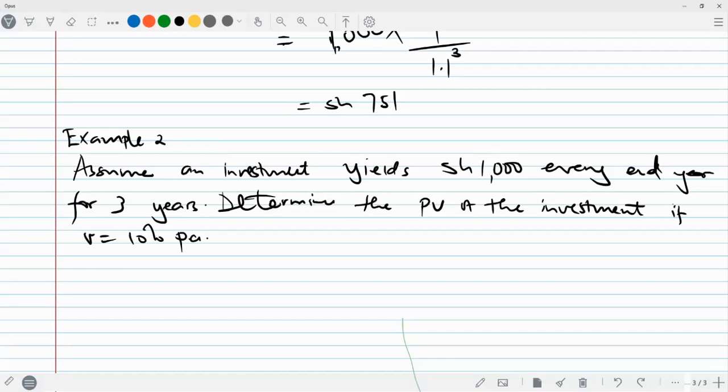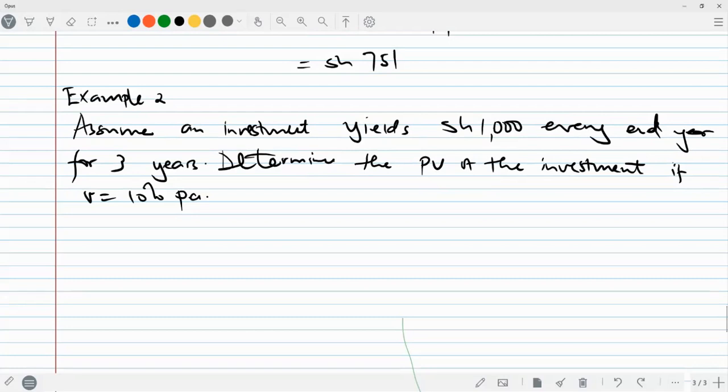So you have here an investment that yields 1,000 every year, and you want to get the present value of the amount received from this investment. So we can have year 1, year 2, year 3, and here the cash flow you're earning, the present value interest factor, which is 1 divided by 1 plus R, and the present value.